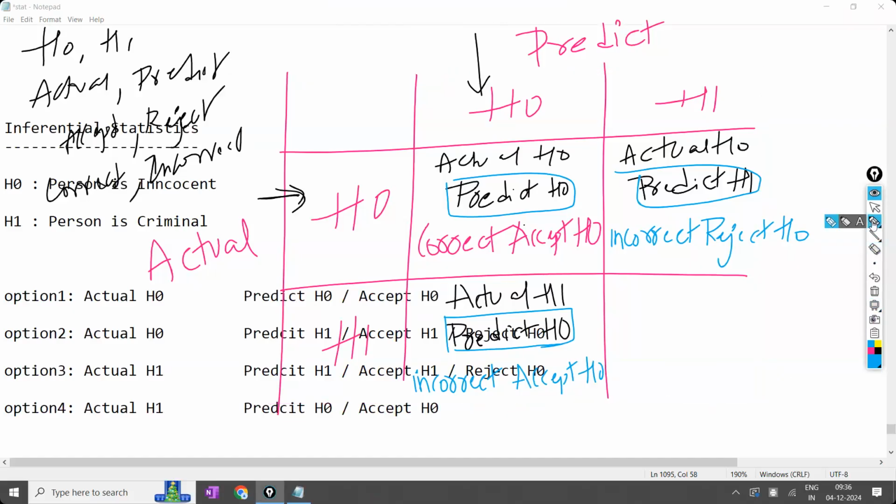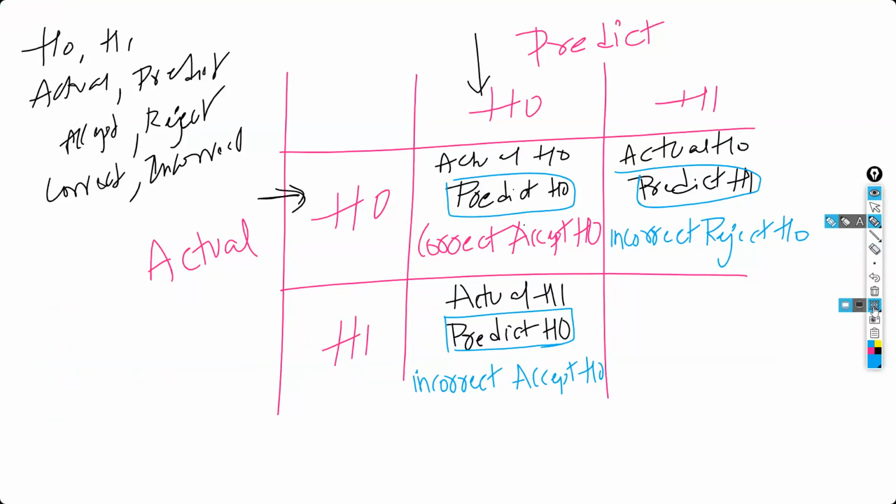Next, coming to the last cell. In this, what is actual? Actual is H1. What is predict? Predict also H1. Both are H1. Now is it correct or incorrect? Correct. The first word is correct.